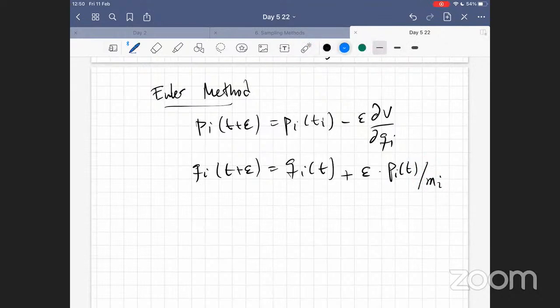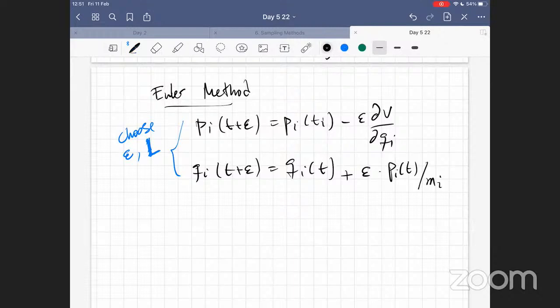So then you choose epsilon, and then you choose L, the length of the trajectory, and then you go for it. The problem is that this is not good enough, and I will show you a result on that later.